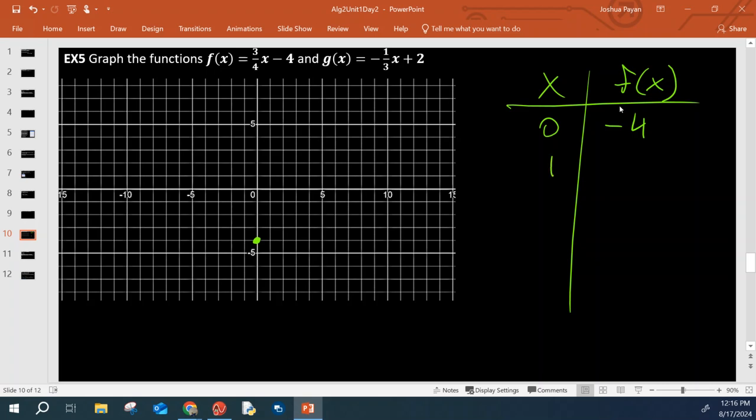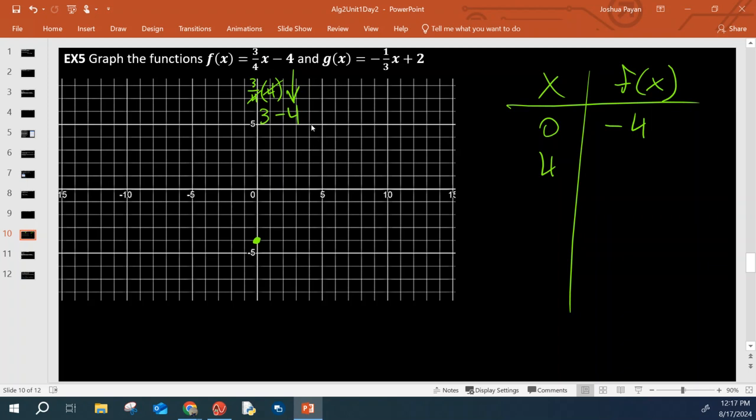Whenever x is 4, again, I'm counting in 4s because it's convenient for that denominator of 4. When x is 4, right, well, let's plug in. So 3 over 4 times 4, that's just going to be 3. So I have 3 minus 4, right? And that's going to give me negative 1.